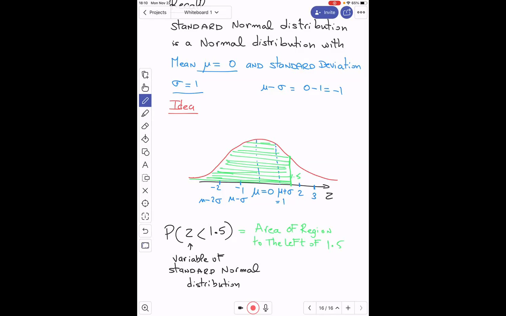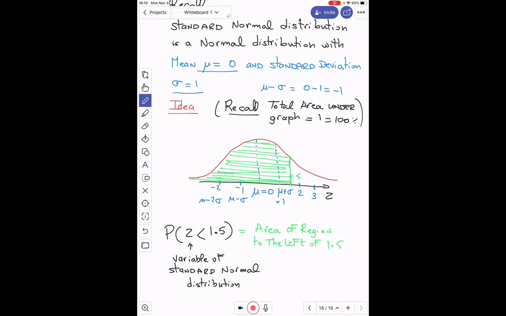And of course, you need to keep in mind that the total area under the graph is always equal to 1, which is 100%.